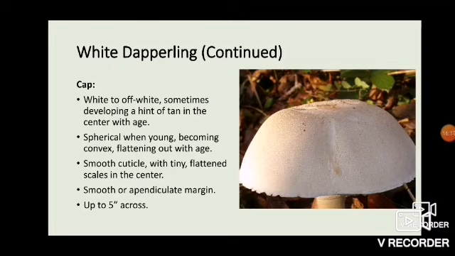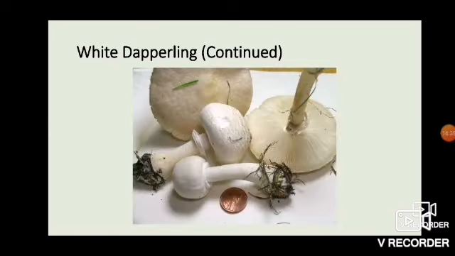Every now and then you will see those flattened scales reach down to the margins. It has a smooth or appendiculate margin, and if you recall, appendiculate is just fragments left over from the partial veil. And these can get quite big. They can grow up to about 5 inches across, but usually you'll see them around 2 to 3 inches.